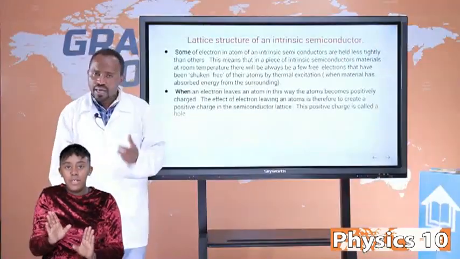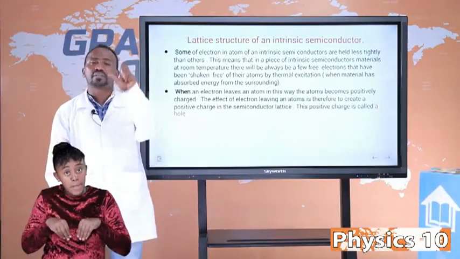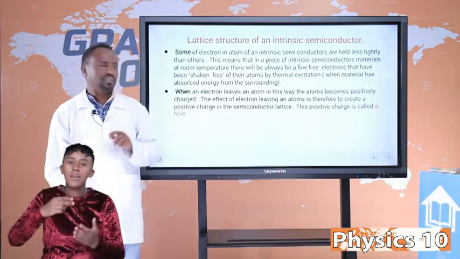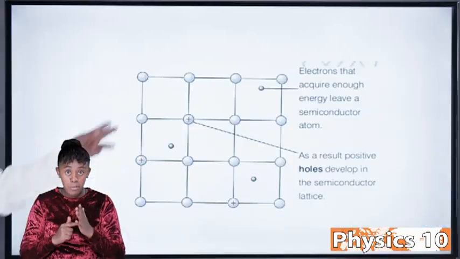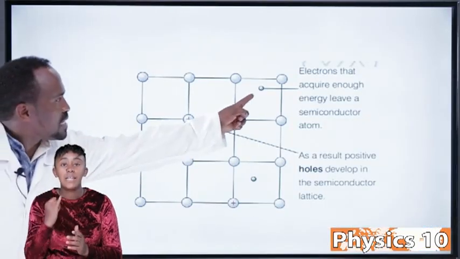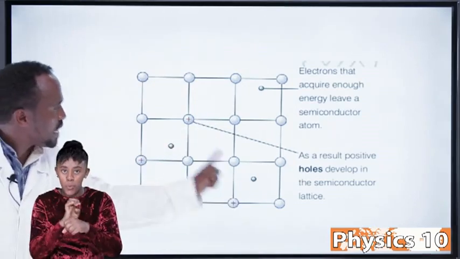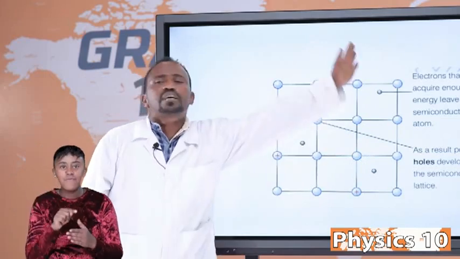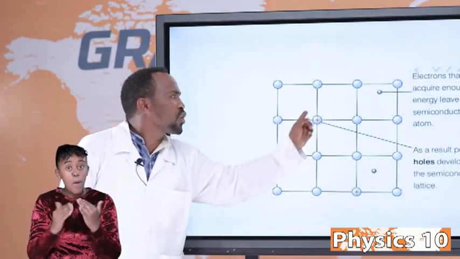Therefore, to permit electrons to pass through them, we apply high temperature. For example, look at this one. Where there is an electron, there is a hole. The electron moves away from this atom of the semiconductor, and a hole is formed.